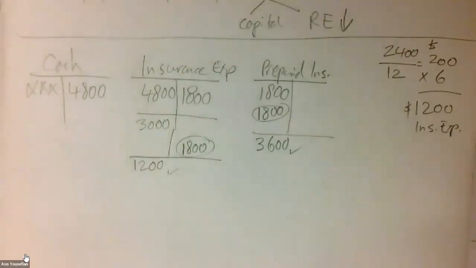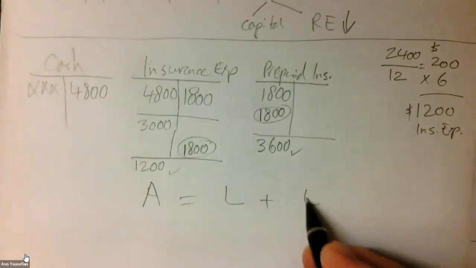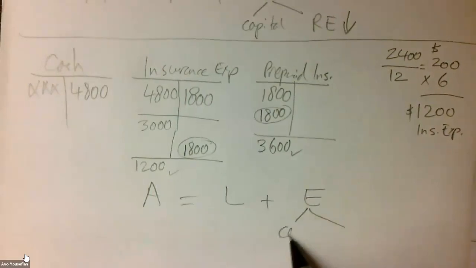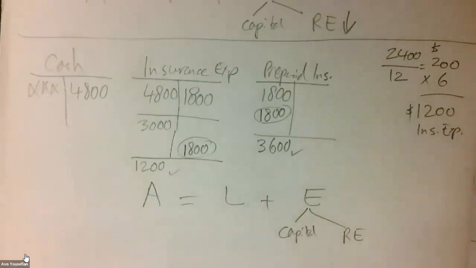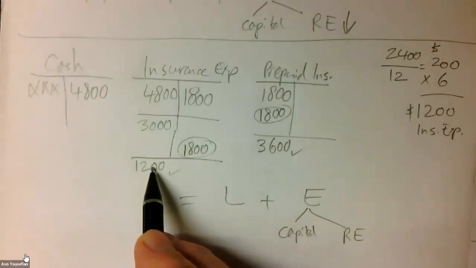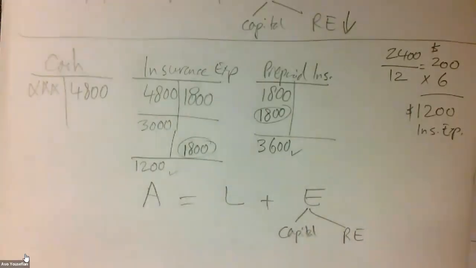That's perfect. If you don't do that, what's going to happen? So that's your equity, and that's your retained earning in the equity. If you don't reduce your expense, expense will be overstated.